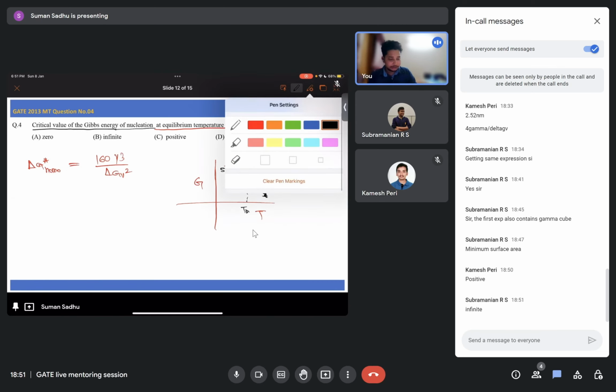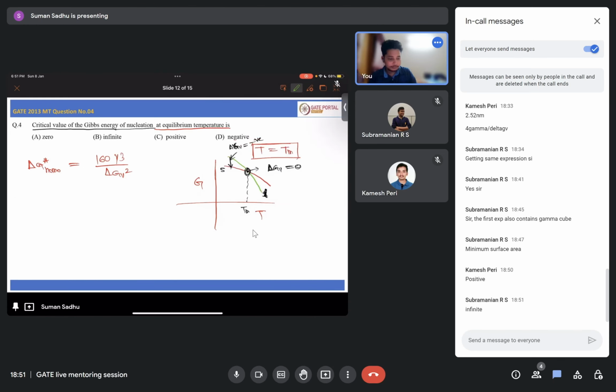Now it is clear, right? What will be the answer? Yes, exactly. It will be infinite because this part is 0. If this is 0, then it will be infinite. So your correct answer will be option B.